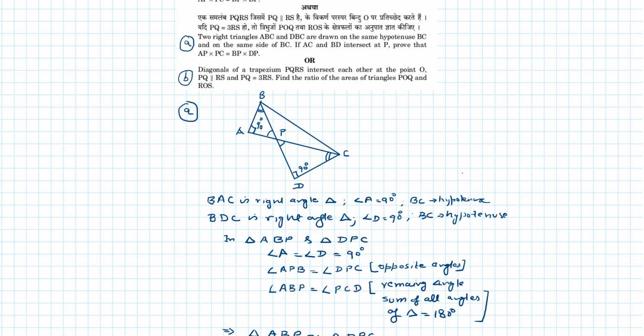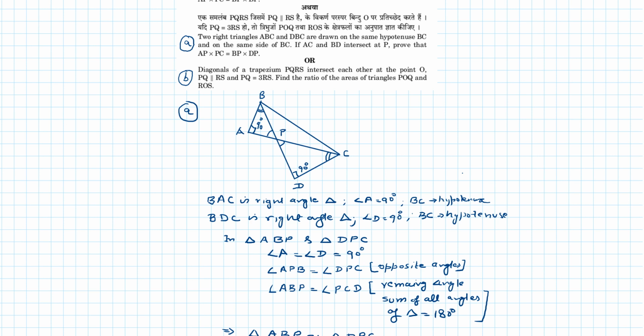So it means if this is the hypotenuse, the right angle must lie opposite to the hypotenuse. So basically, what we have done is we have drawn right angle at A and D and have completed these two triangles, that is BAC and BDC.